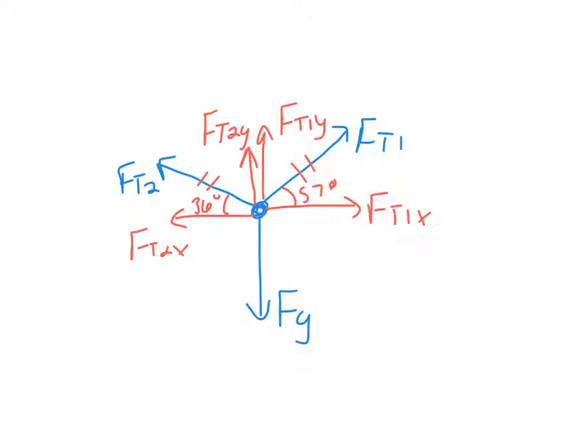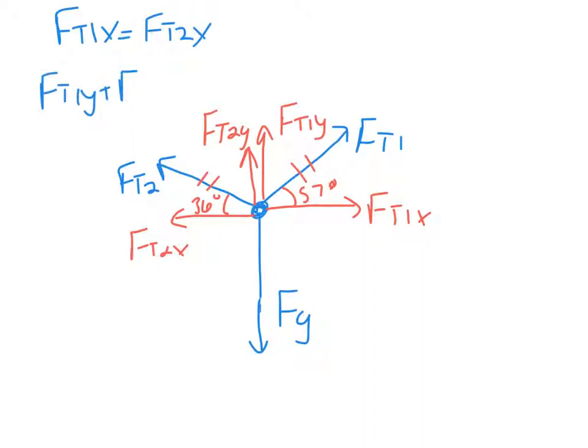Because the speaker is at rest, top has to equal bottom, left has to equal right. I'll make Fg a little bit longer. So we know that Ft1x equals Ft2x, and we know that Ft1y plus Ft2y equals Fg.